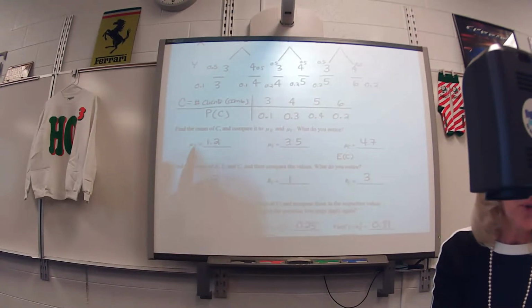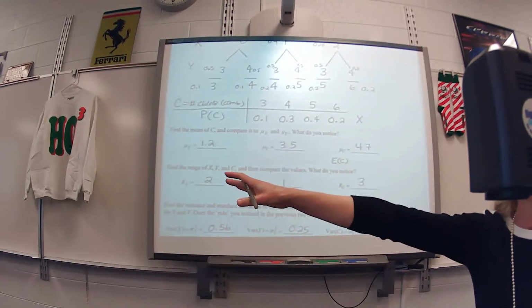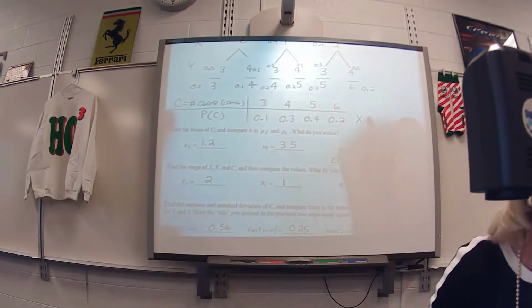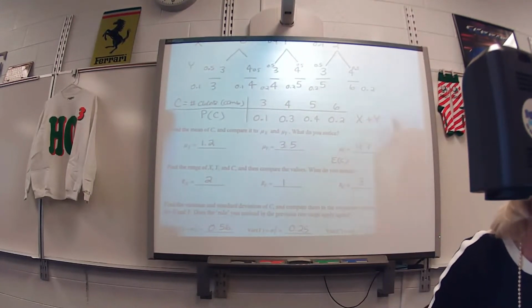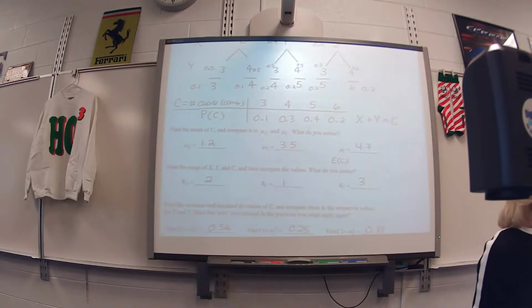If I'm taking a random variable X, the number of clients from the first guy, and I'm adding it to Y, the number of clients from the second guy, to come up with a new C value, this is what we call combining random variables.